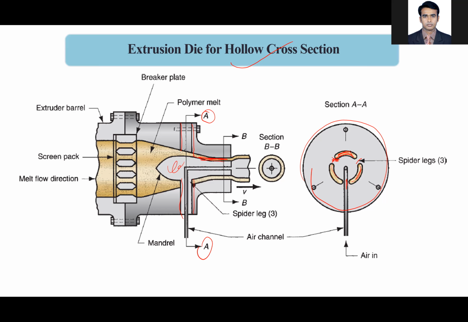Because of the high pressure, they come out and combine together to produce a continuous hollow shape, and that hollow shape comes out of the die. Another important thing is that you have to keep the air channel. You have to provide a sufficient amount of air pressure through the channel to maintain the internal diameter.